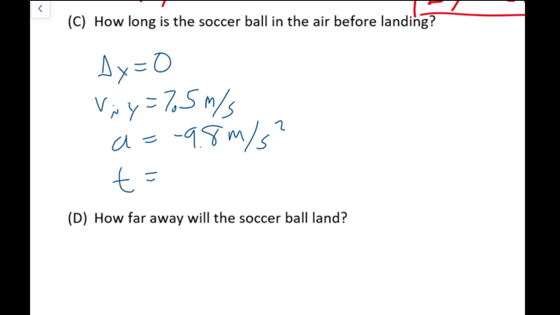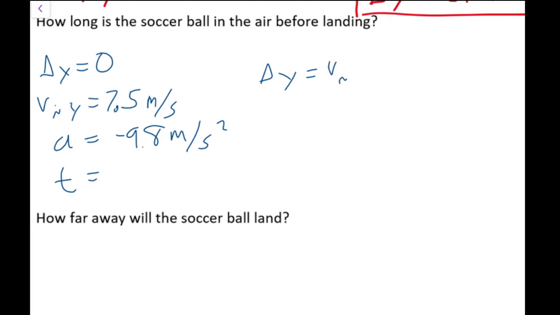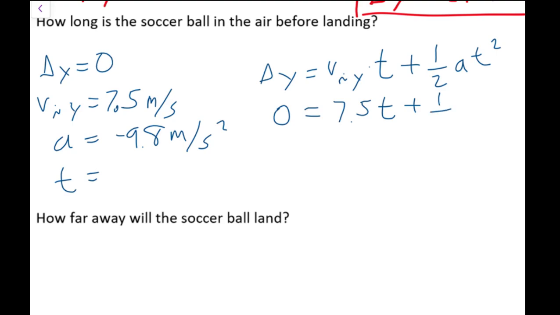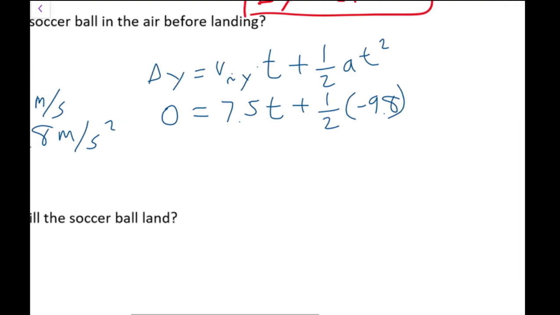The equation that does that is the one without v final in it, which is delta y equals VIY times time plus 1/2 AT squared. So VIY is 7.5, delta y is 0. I get 0 equals 7.5 t plus 1/2 negative 9.8 t squared.